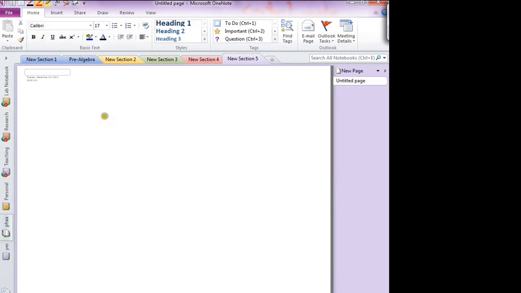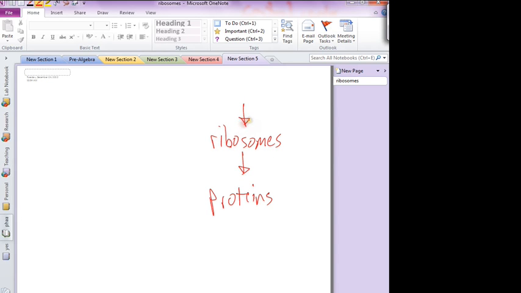All right. So I have proteins. Yes, I'm drawing a picture. Proteins are produced by ribosomes. Right? What produces ribosomes? Nucleolus.